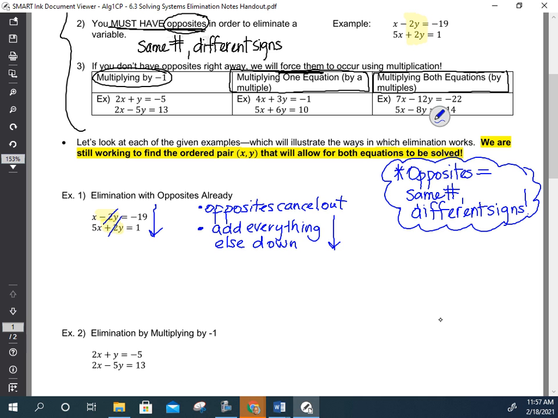So that means you're going to do x plus 5x, which is 6x, and negative 19 plus 1, which is negative 18. Everything else up going down.